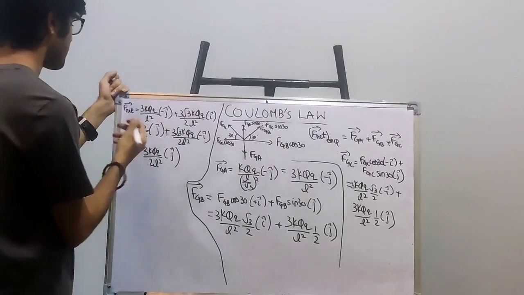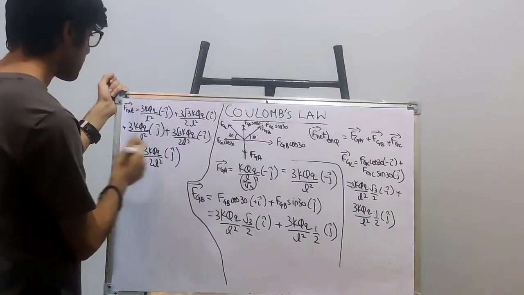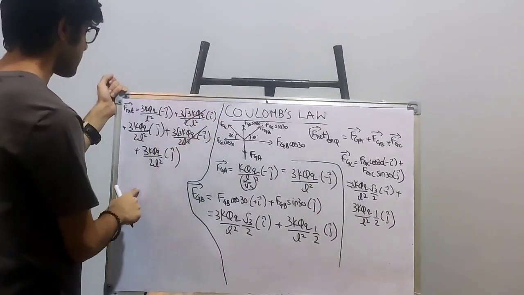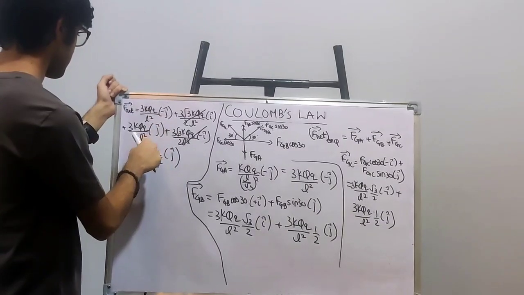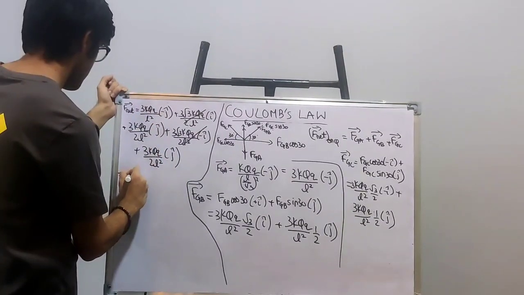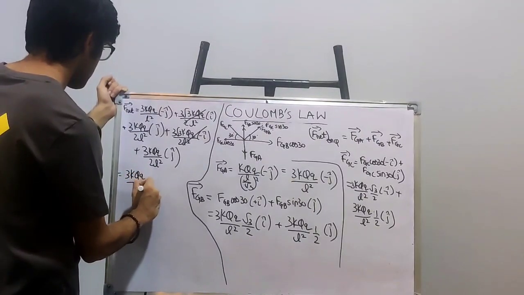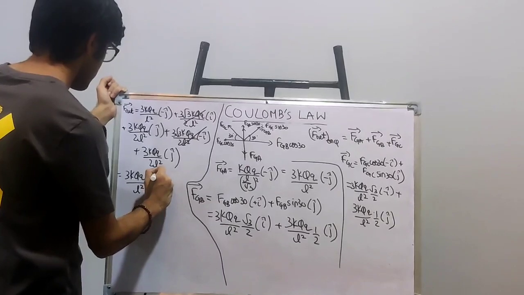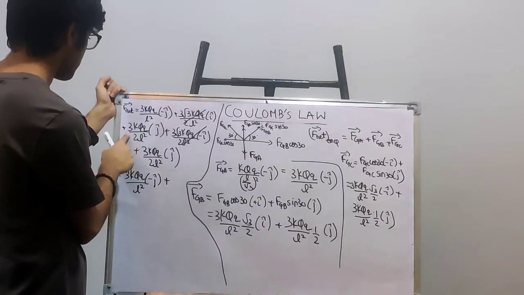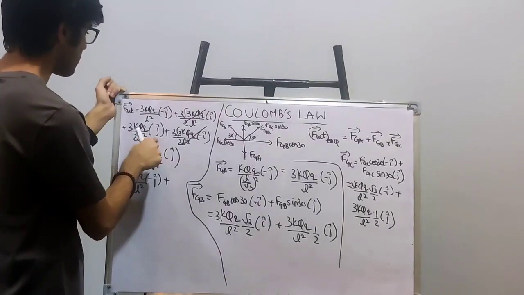Okay, so now let's see what is getting cancelled here. Minus I cap plus I cap gets cancelled. Now we are left with 3 times KQq over L squared minus J cap, plus, these two would just add because both are positive J cap.